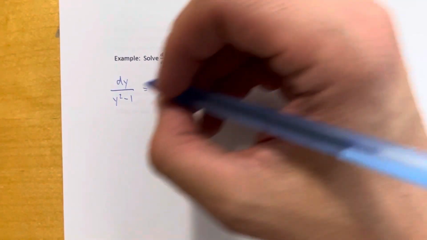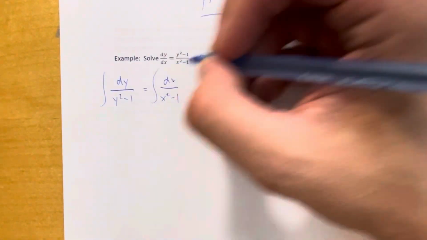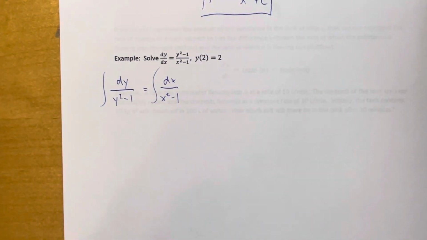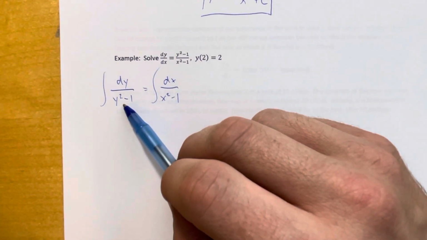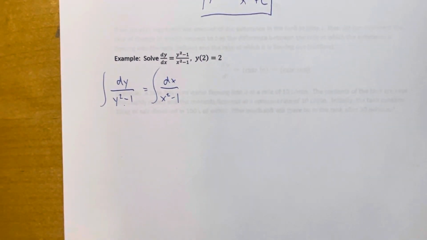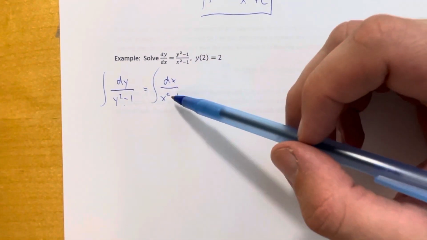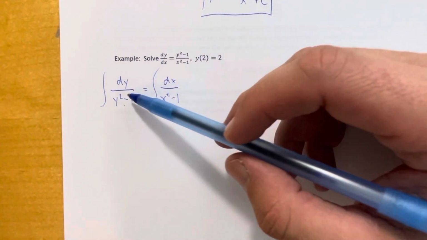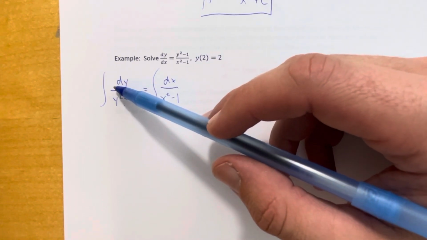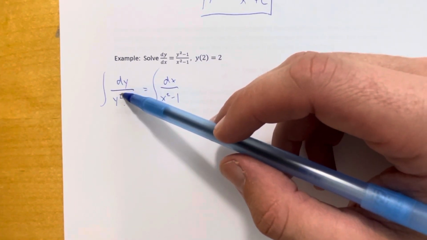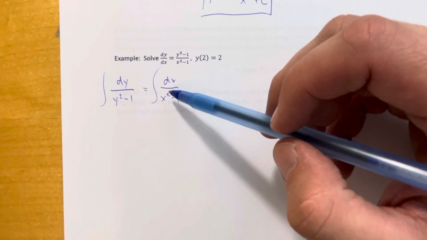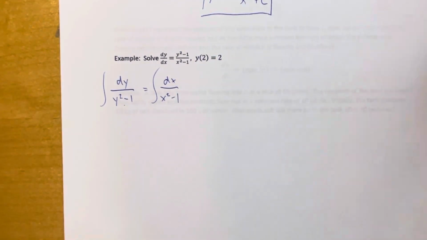Okay, so I'm going to integrate both sides of this thing. But in the process of doing that, notice that the integral on the left and the integral on the right are technically the same integral, just with a different label, a y here and an x here. So if I can find the indefinite integral of one of these, then I'll automatically know what the other one is. I just change those y's into x's.